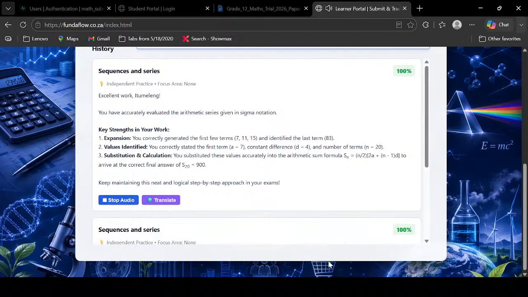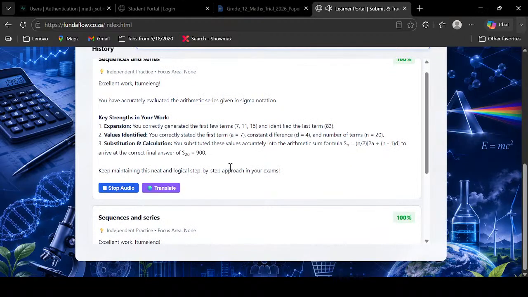You have accurately evaluated the arithmetic series given in Sigma notation. Key strengths in your work: 1. Expansion. You correctly generated the first few terms, 7, 11, 15, and identified the last term, 83. 2. Values identified. You correctly stated the first term, a equals 7, constant difference, d equals 4, and number of terms, n equals 20. 3.